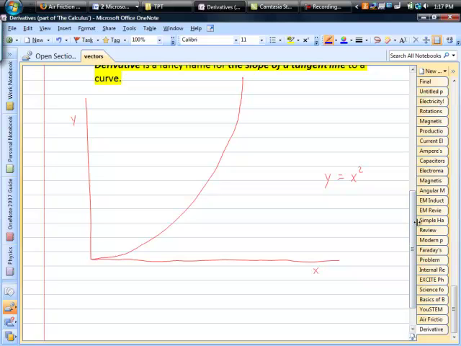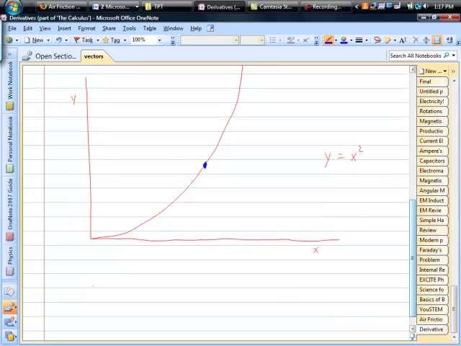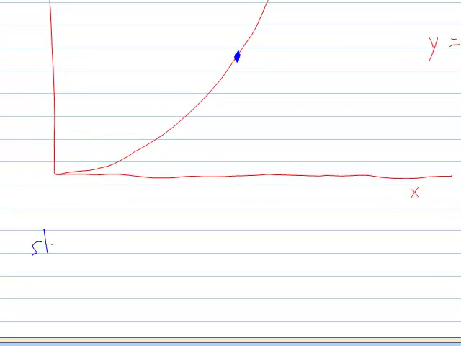And the goal is to try to figure out, for a given point on this curve, say here, what's the slope at that point? Now that too can sound kind of weird because, after all, think of the definition of a slope, something you've been doing since Algebra 1.